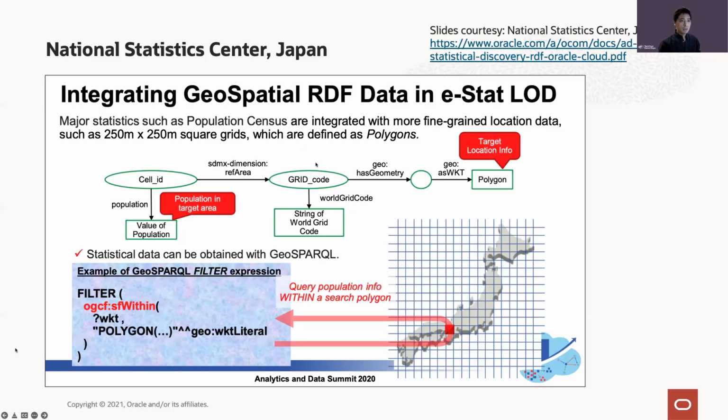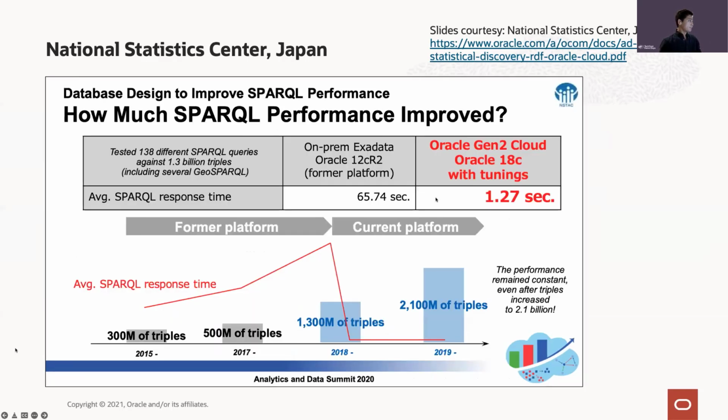So using GeoSPARQL, we can also get information such as the population of a particular grid. So that data is expanding.